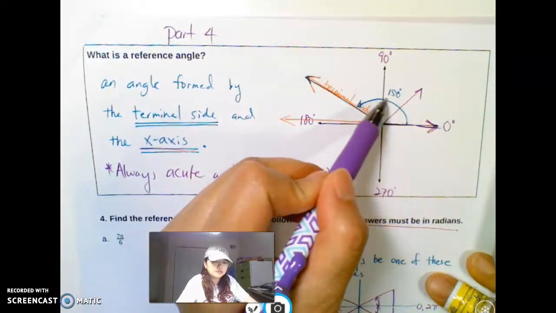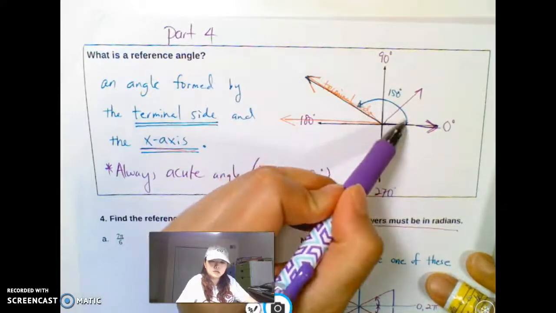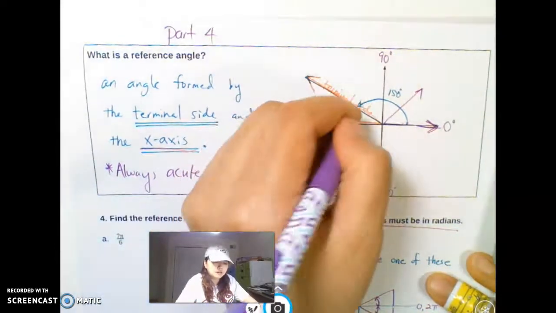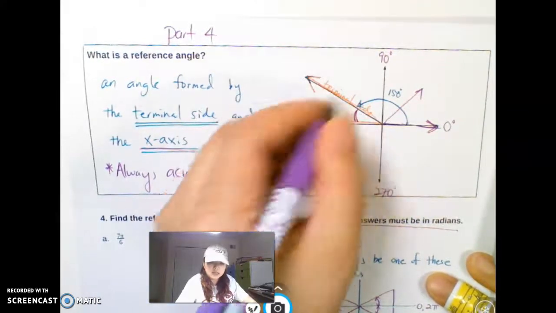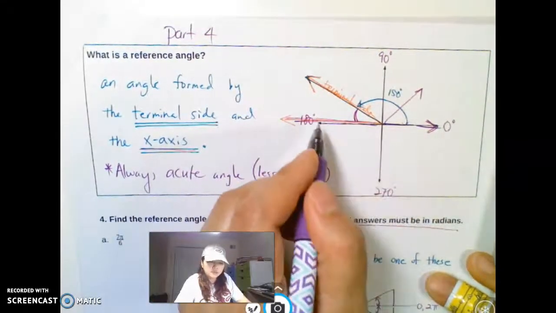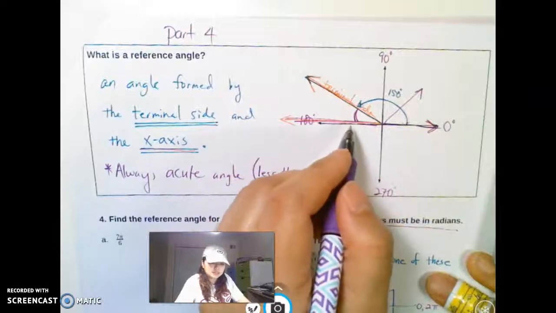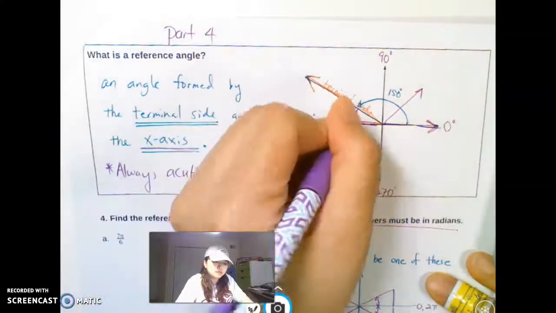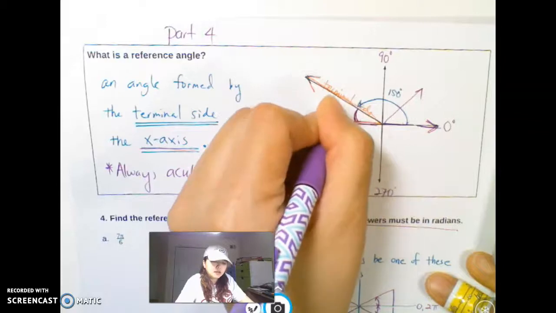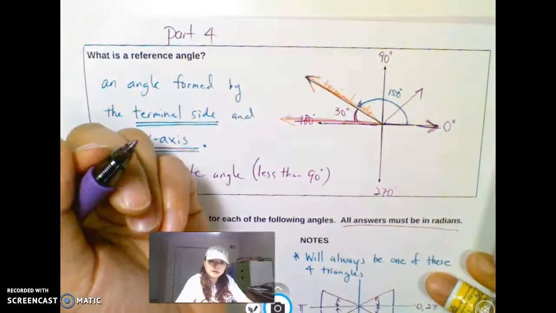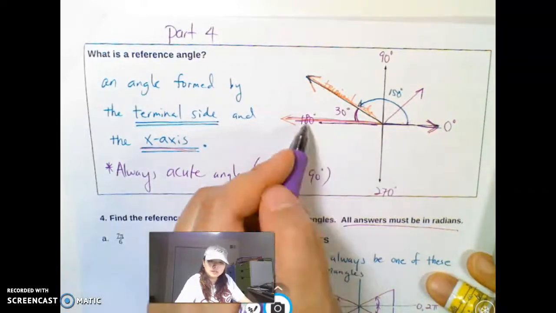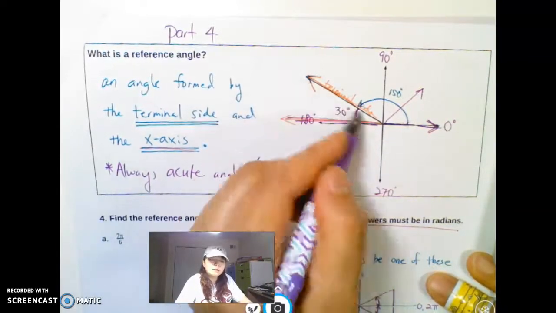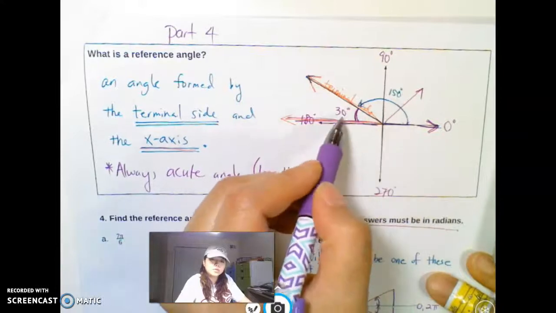So when it's 150, this is not the angle we're talking about. The reference angle is this part right here. It's the terminal side and the x-axis, but we're talking about the negative side of the x-axis. So then the reference angle will be just this part. That would be 30, right? Because this is 150. So you have 30 left to get to 180. So the reference angle of 150 is 30 degrees.